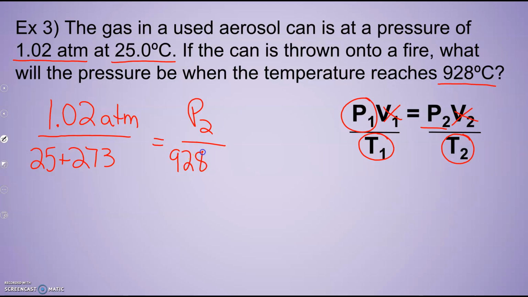But again, we have to go ahead and convert that to Kelvin. All right. Let me go ahead and write what those numbers are. So this one comes out to 298 K. This one's going to be big. 1201 K.